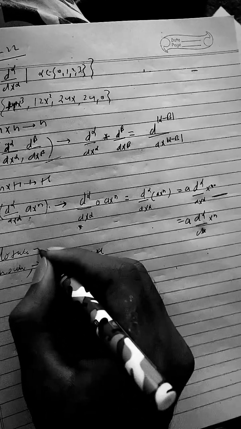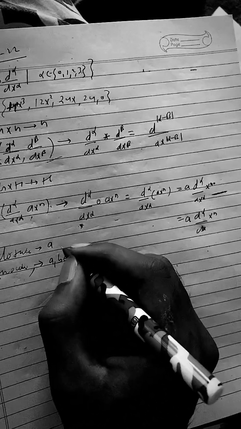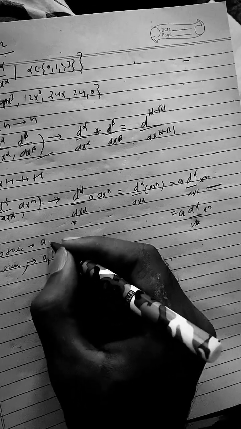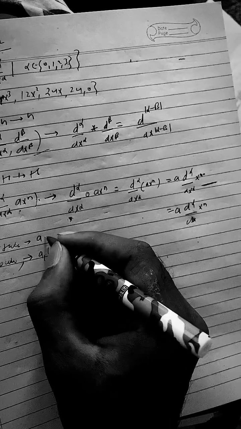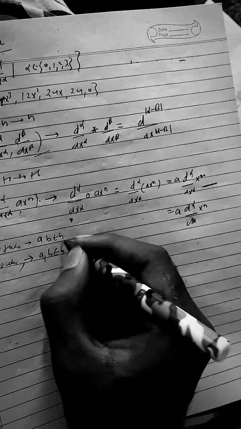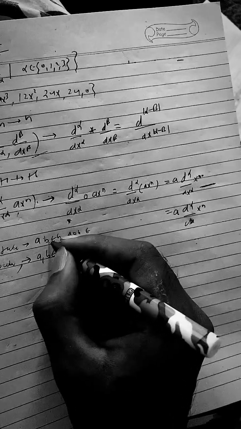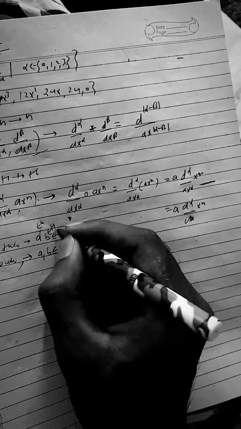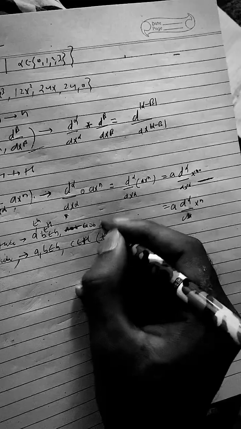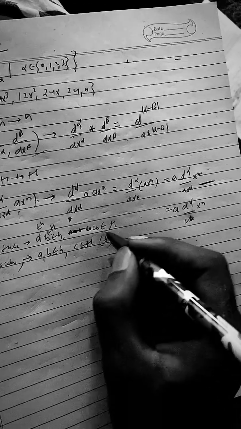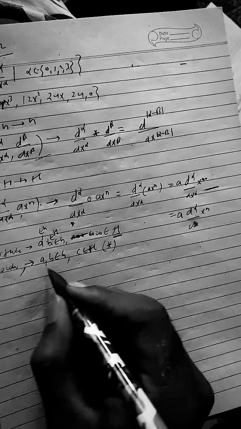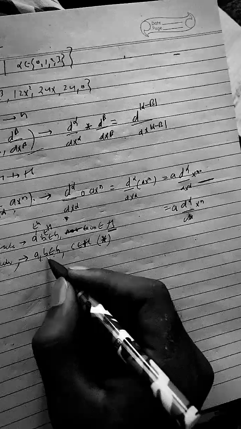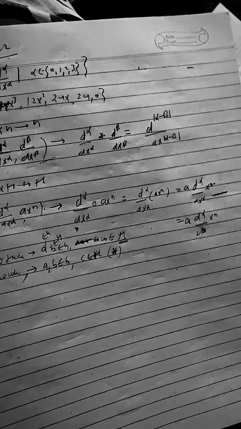And closure is the same. The closure with respect to O, we defined: A, B coming from G, then A O B, A coming from G, B coming from H, so A O B must belong to H. So this is closure, by this we mean. And for associativity, A, B coming from G, C coming from H, and with respect to star, it's associativity, right?